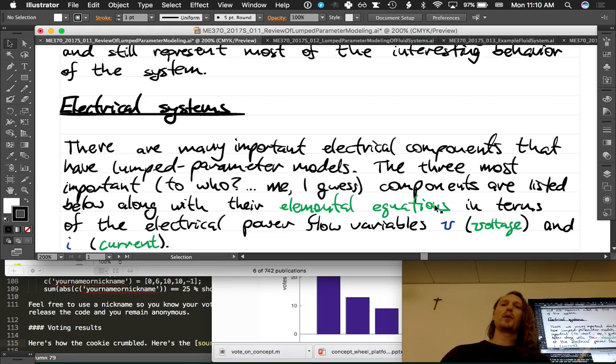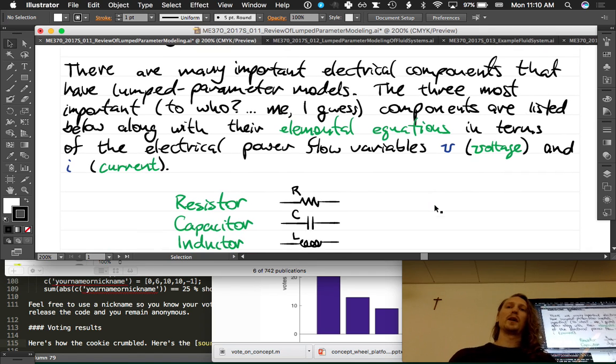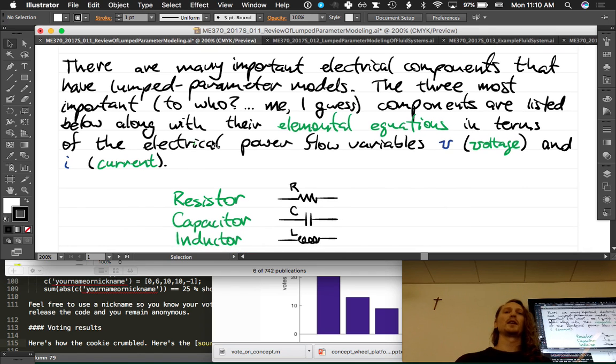So there are many important electrical components that have lumped parameter models. The 3 most important to me are listed below, along with their elemental equations, in terms of the electrical power flow variables voltage, V, and current I.